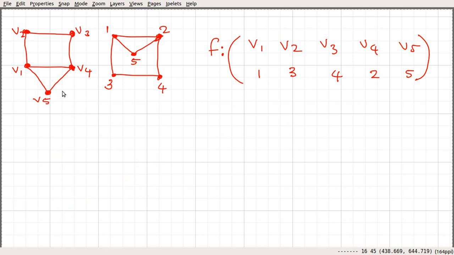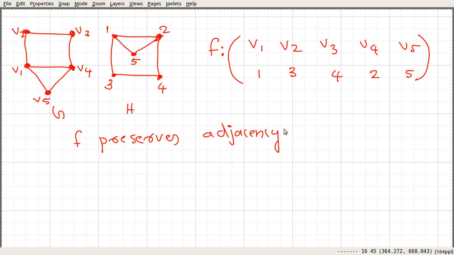Again we have our earlier graph, we call this G and this H, and we have this mapping. V1 is mapped to 1, V2 to 3, and so on. Here we are trying to show that this mapping preserves adjacency.